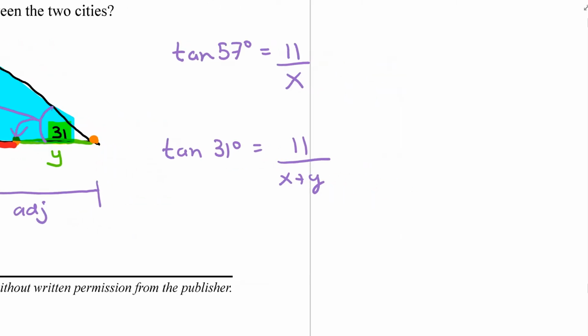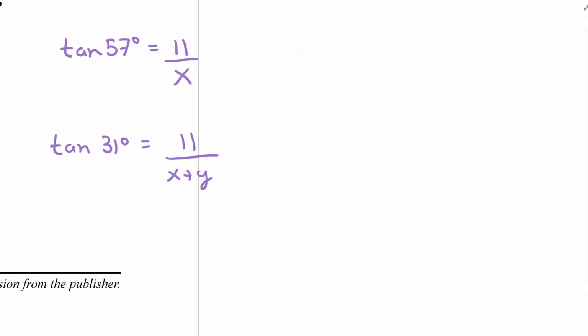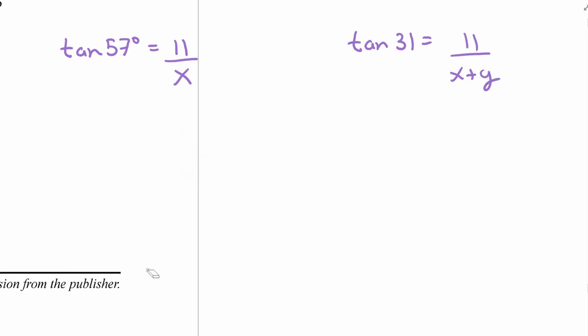So these are my two new equations, and these are the two equations that I need to solve now. Let me rewrite the tan 31 over here so that I have a little more space to do the algebra. Let's go ahead and get the variables separated. Here's an x, and here's the x plus y, so let's move those to the top.